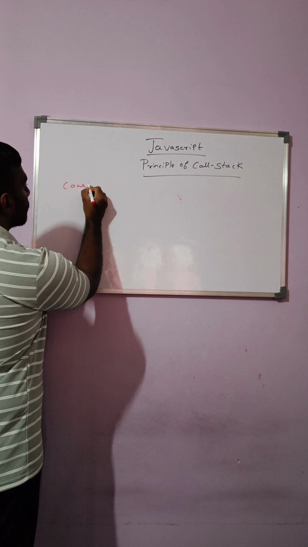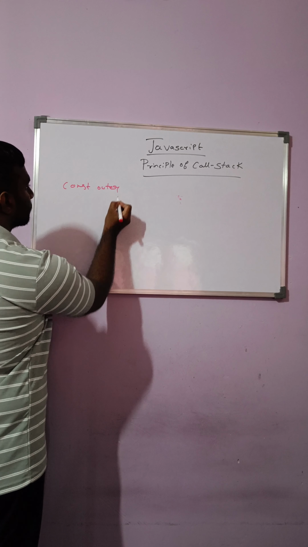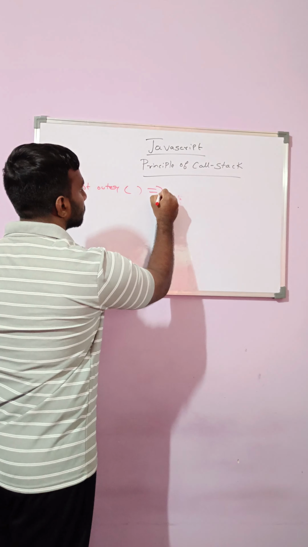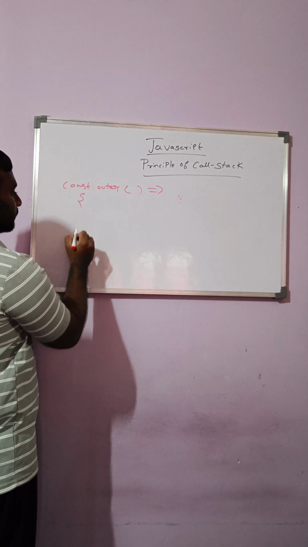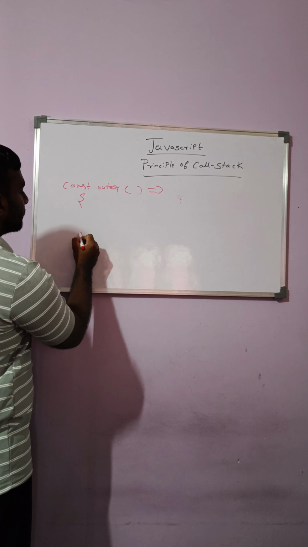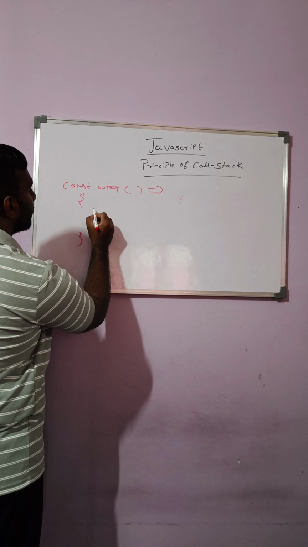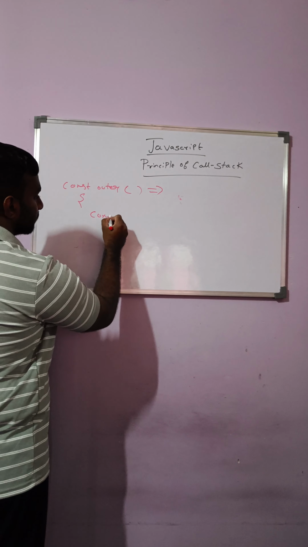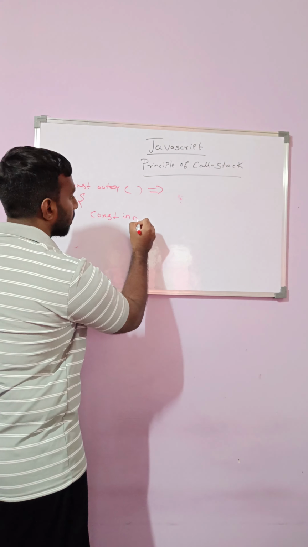You have one const outer function. I'm writing an arrow function here. Inside this outer function, you have one inner function. Just consider one inner function.